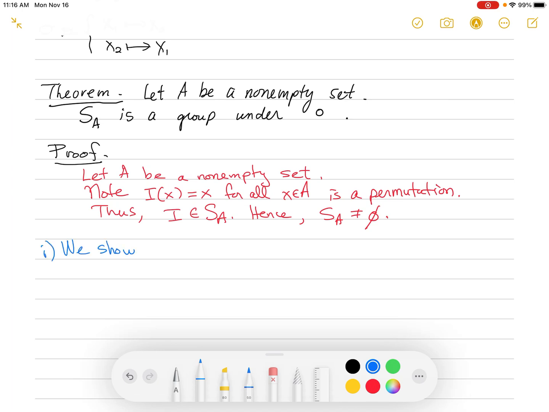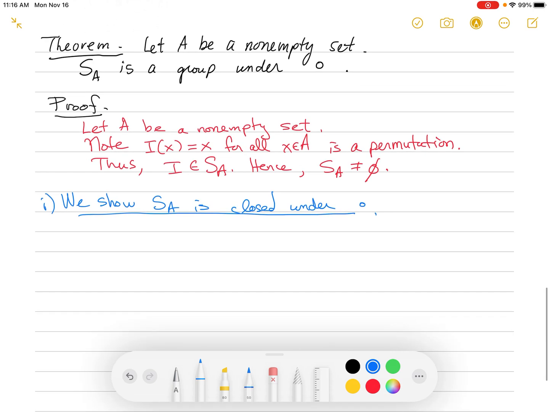We show S of A is closed under functional composition. So that means if you take two arbitrary permutations, their composition has to be a permutation.